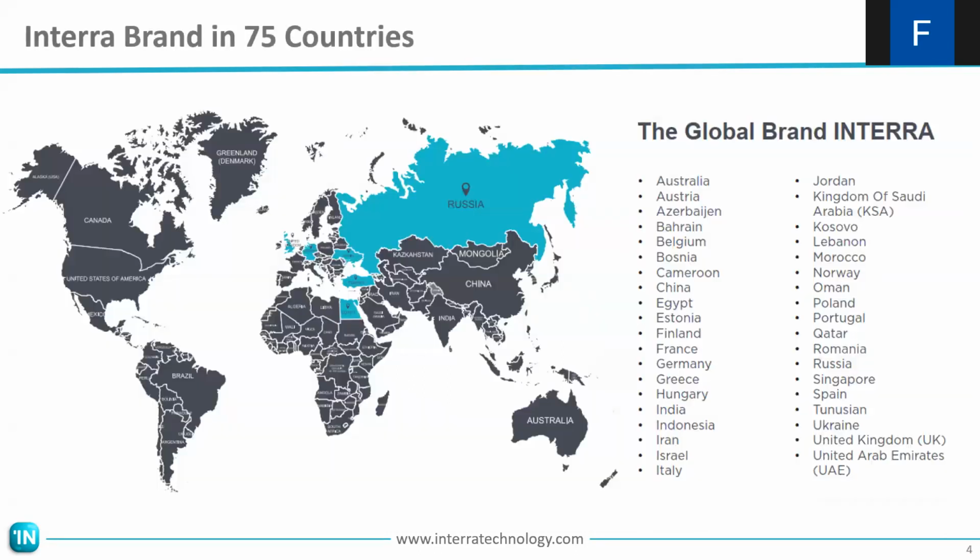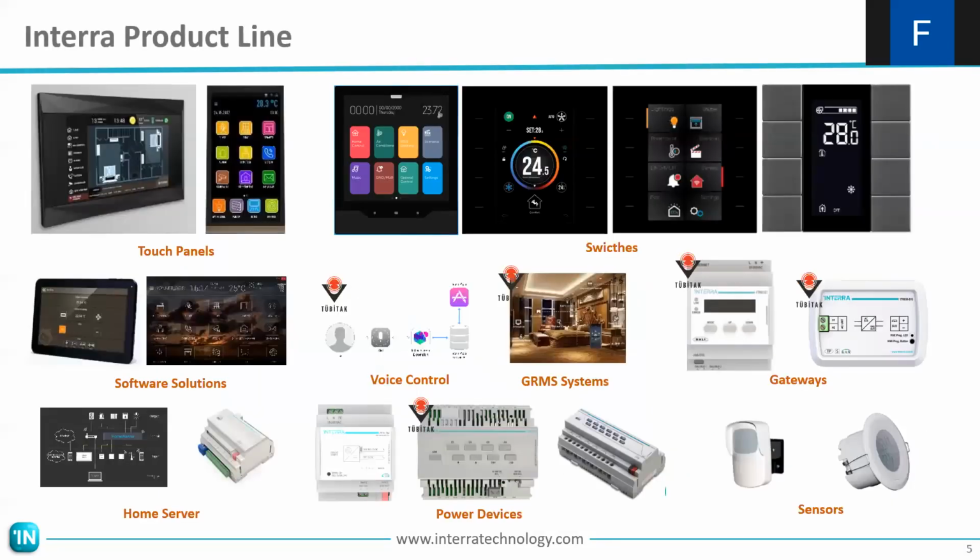Our Interleave brand is a global brand that is on sale in 75 countries. We also have offices and employees in some of these countries, and in some we launch our products through local dealers. Here you can see a part of our products. We have a very wide product family under the Interleave brand.